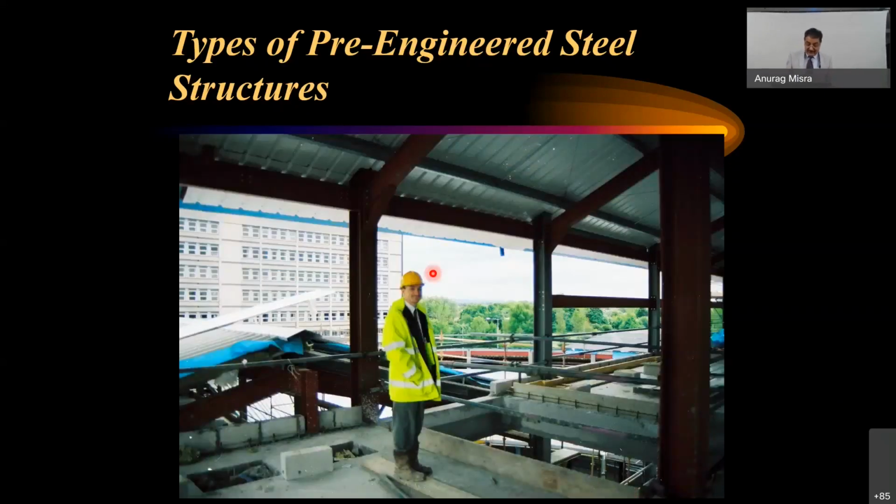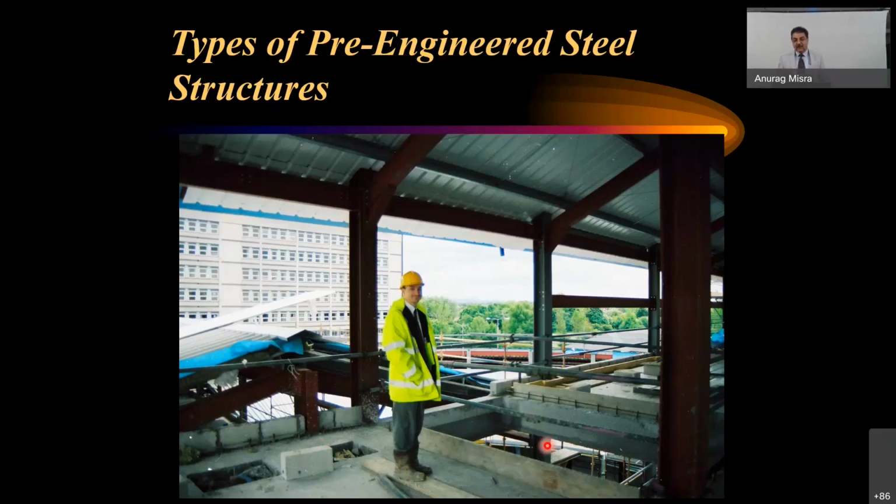This is a hospital building where you can see this is all steel components and the deck slabs casted, and there is some open space as well, which is going to be filled with the precast stairs.